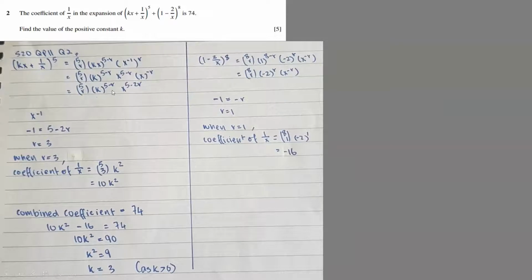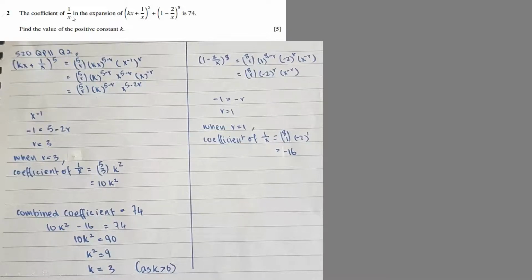As I simplify it, I can eventually separate the x values, the unknown values, to one side, and the constant values to the other side. So 5 choose r and k raised to the power 5 minus r, those are constant values; they don't change. However, x values can change. So I move all the x to one side. So it's 5 choose r multiplied by k raised to 5 minus r and x raised to the power 5 minus 2r. This is the general formula for any term in the binomial expression.